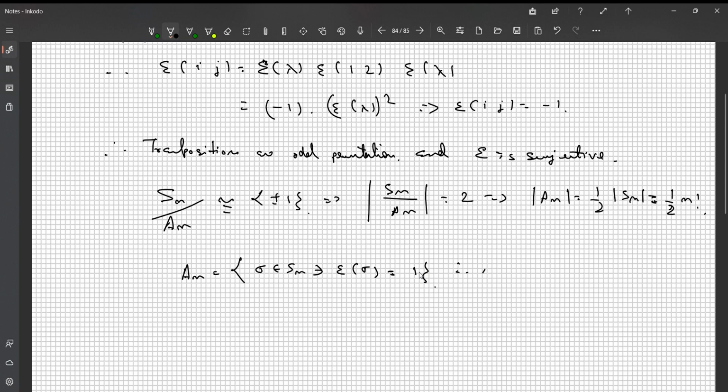Clear? If you carefully notice what elements of An are, these are the elements sigma in Sn such that the sign of sigma is 1, but those sigmas are called the even permutations. Therefore An is the collection of all even permutations.